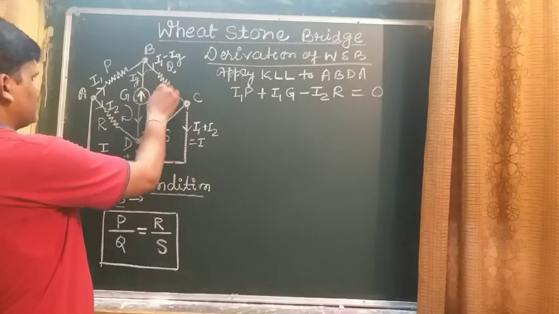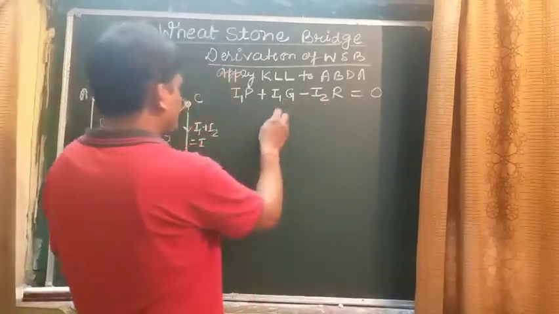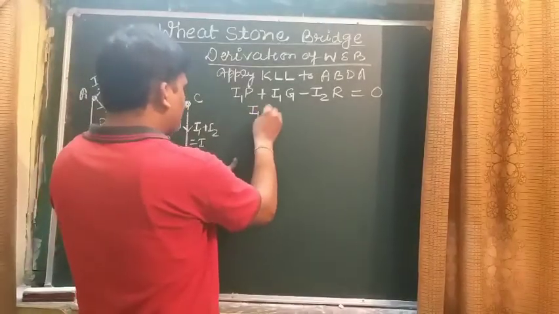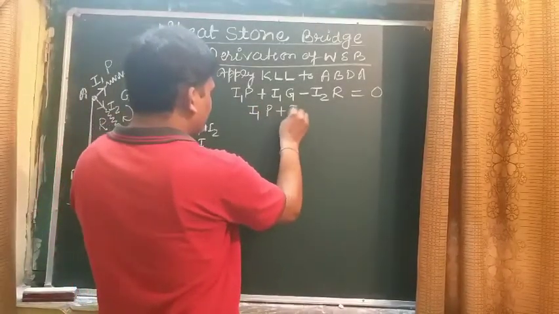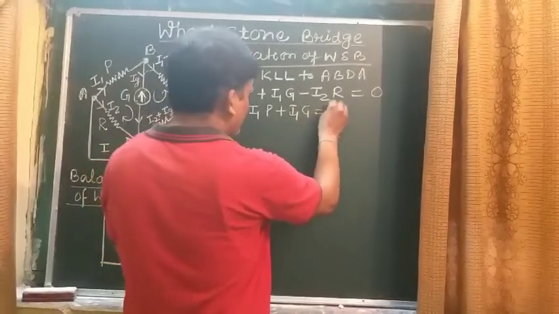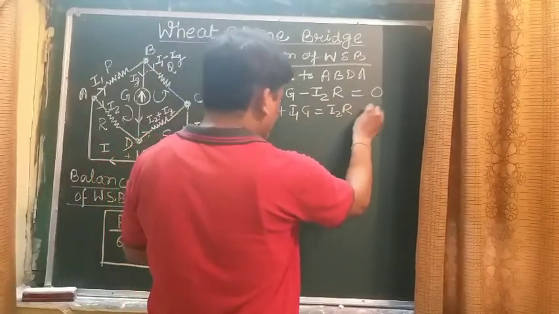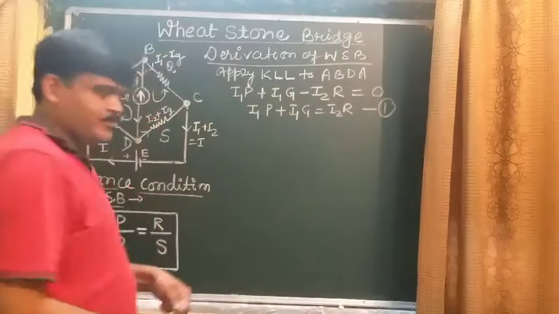So it can be written as I1P plus I1G equal to I2R. This is equation 1.